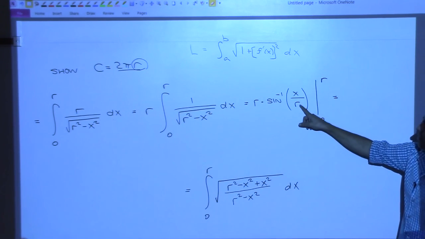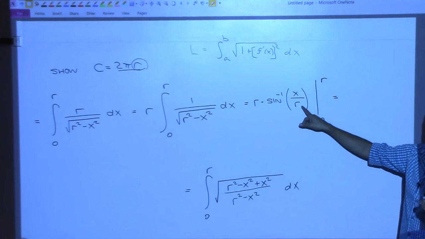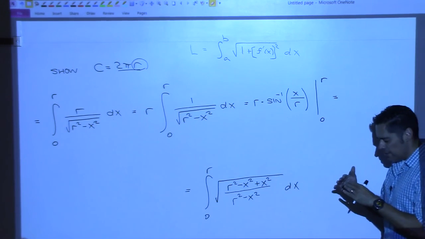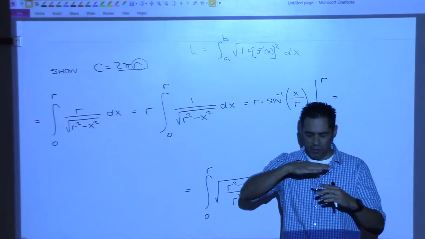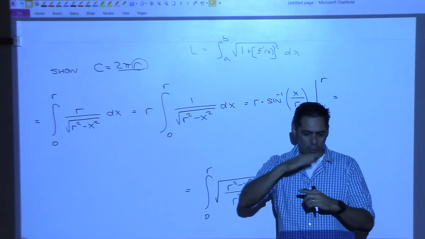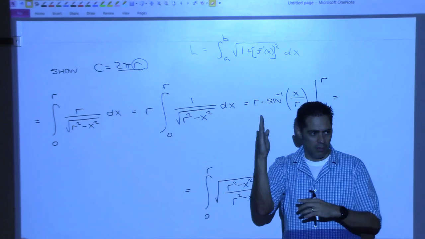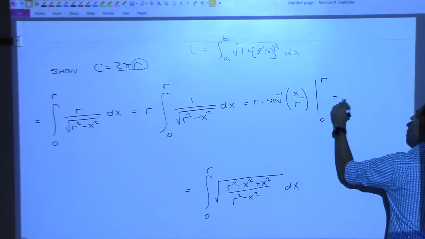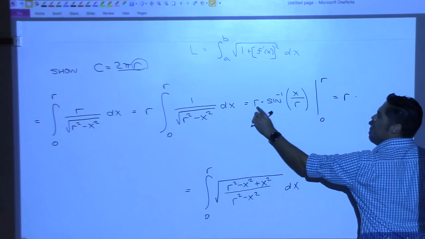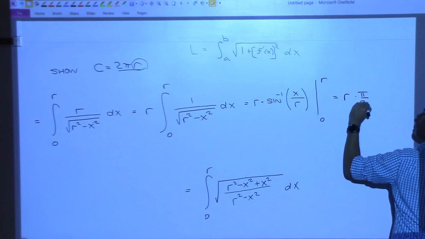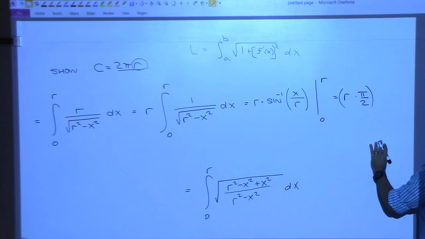Let r go here: you get r over r, which is 1. Arc sine of 1 is asking where your y-coordinate on the unit circle is 1, at what angle? Pi over 2. So we have r times pi over 2. That's what we get when we plug in r.